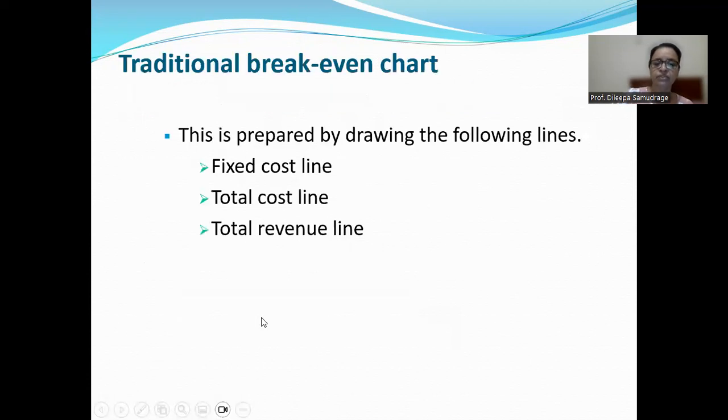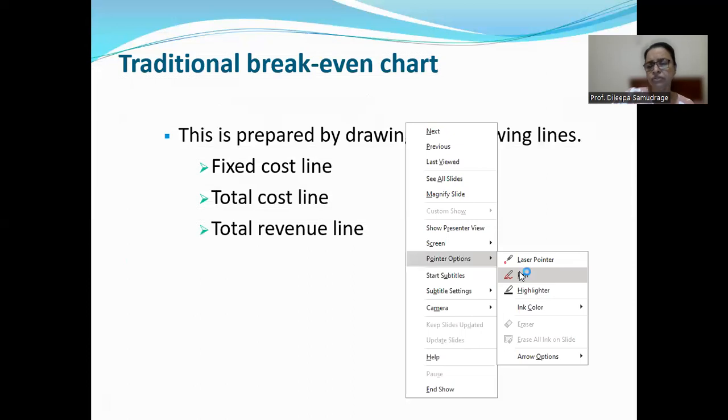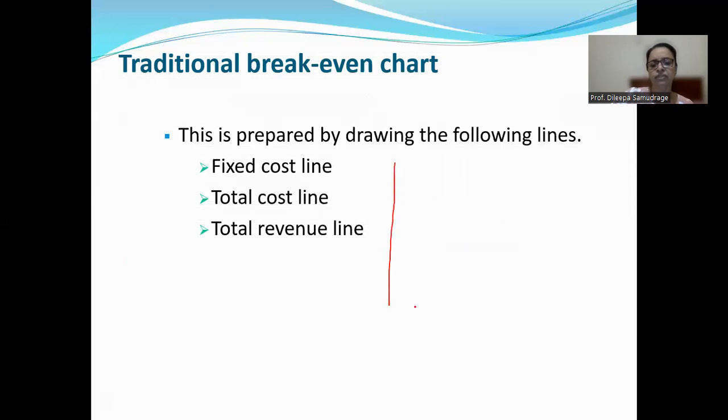The first one is the traditional approach. Under the traditional chart, you have to draw these lines: fixed cost line, total cost line, total revenue line. I hope you can remember how to draw these lines, right? This is how we draw. The fixed cost line is this. The total cost line starts from here.